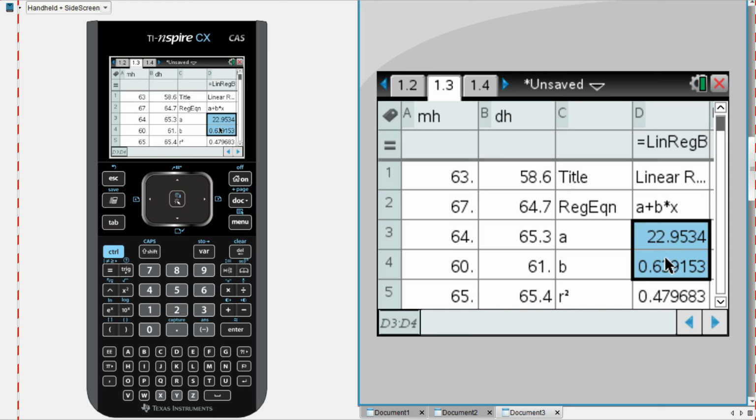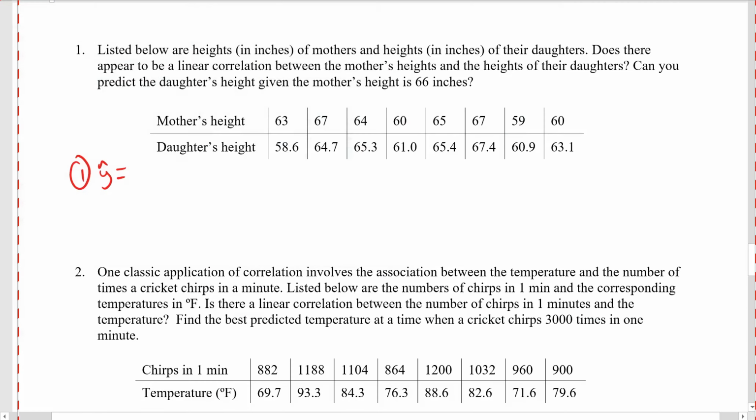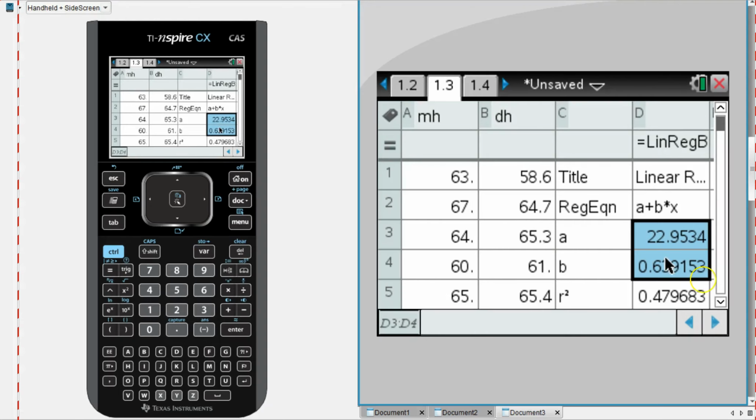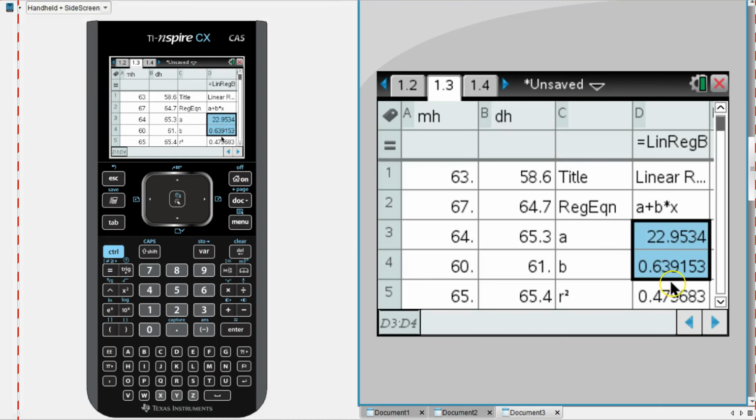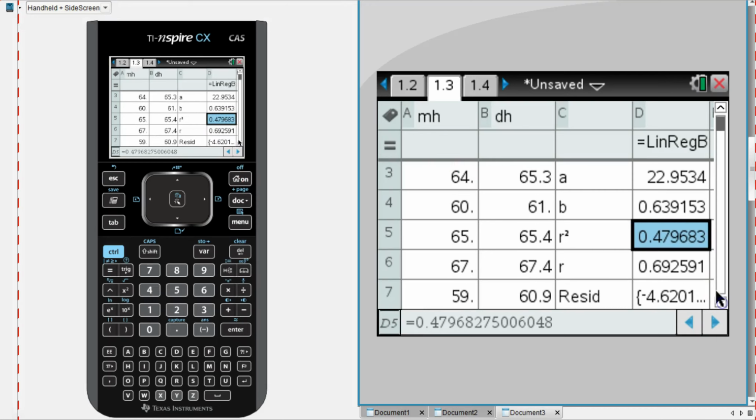I'm going to write that down. So 22.95 plus the B, which is 0.639 X. I would also take a second now and put R, because that's the first thing that's going to tell me, should I use this to predict?